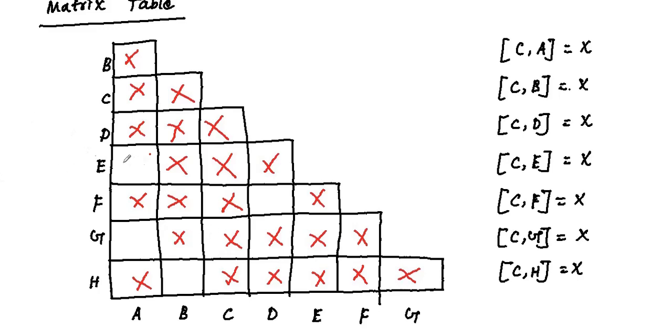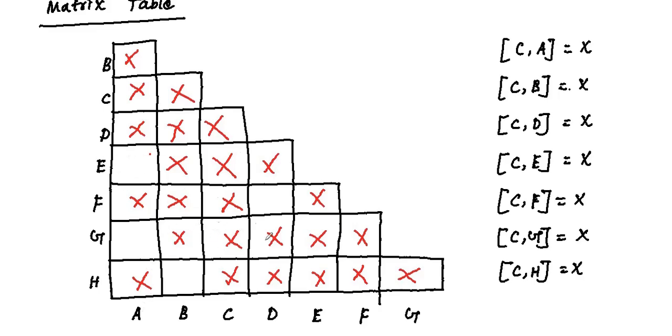In this matrix table, AE, AG, BH, then DF. Still we didn't put a cross mark, so we need to check all the steps.